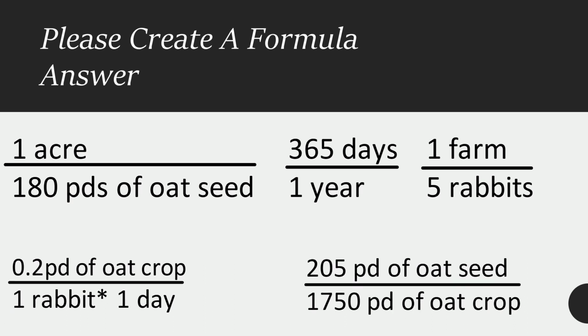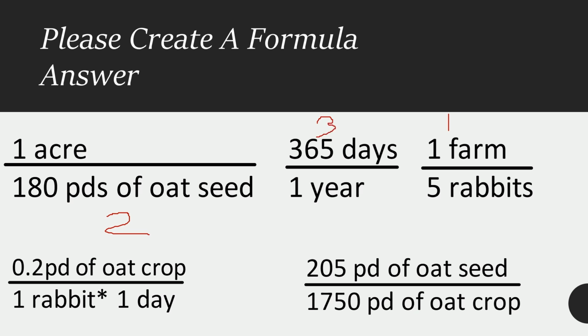So the thing with this math is there's more than one way to skin a cat right here. And so I could say, you know what? I think I need to know how many animals I have, so I can figure out how much food they're going to eat. So now that I know how many animals I have, I need to know how much one rabbit will eat. And so if I know that, I can figure out how much food my animals are going to eat per year.